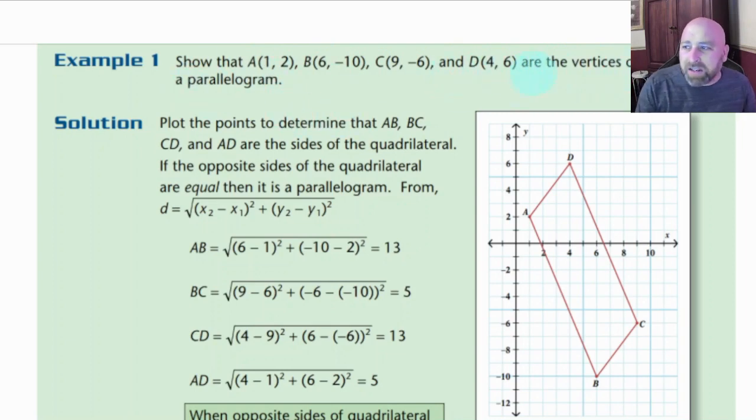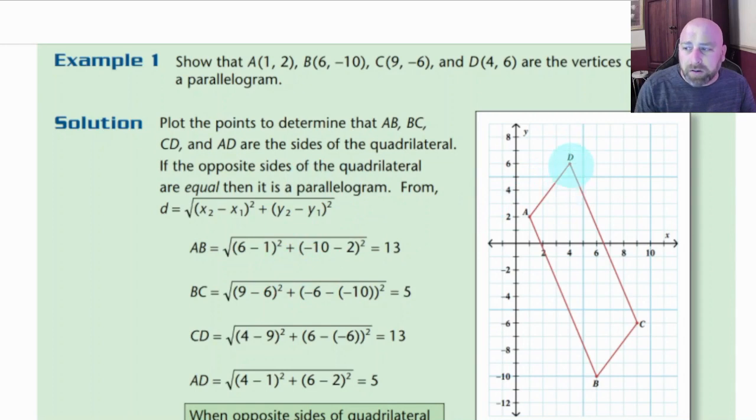Now, I find it interesting that they actually tell you that it is a parallelogram here in the beginning part of the example, because really what we're doing is proving whether it is a parallelogram or isn't a parallelogram. Now, this one is a parallelogram, but we want to prove that it is a parallelogram. How are we going to do that?